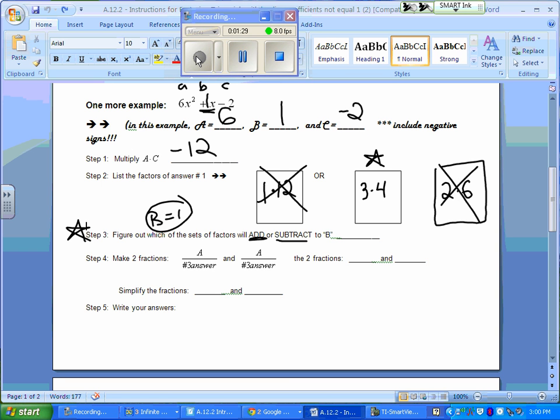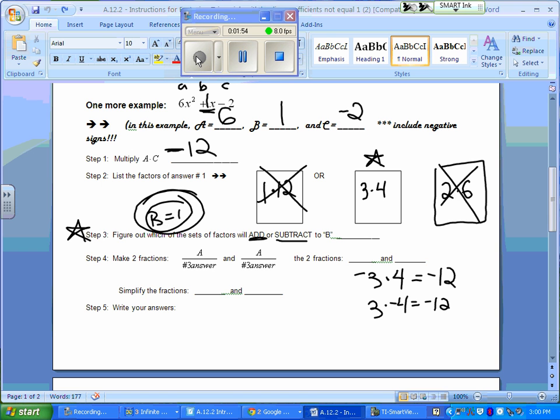I know my answer is going to be negative 12, so we have to figure out what multiplies to negative 12. I know that some form of 3 and 4, either negative 3 times 4 or 3 times negative 4, both will give me negative 12. But which one will also add up to positive 1?